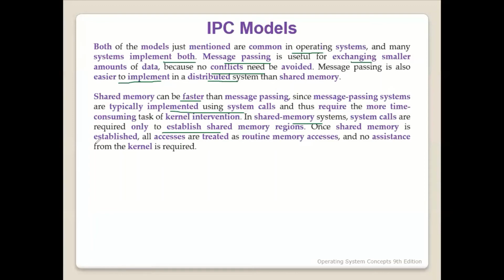After the memory is established, all access is treated as a normal routine memory access. How do you normally access the memory? In the same way you are going to access that shared memory. That's it. So no system call, no kernel support needed. So it's faster.